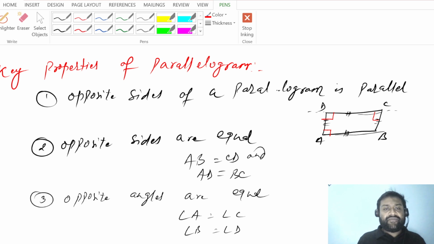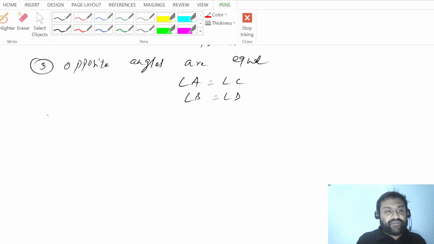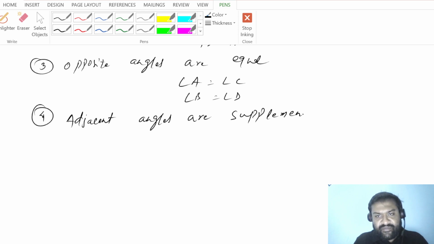Now moving towards the fourth one. Fourth is adjacent angles are supplementary. What will adjacent angles be?